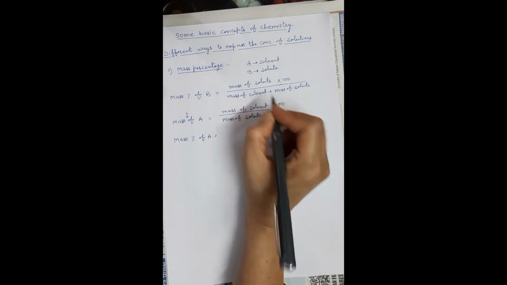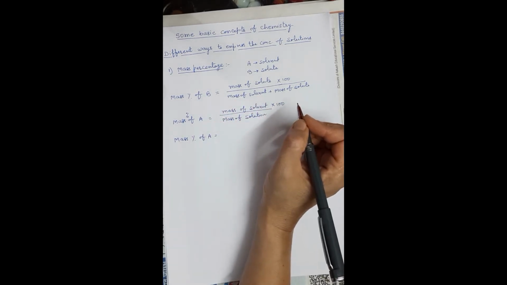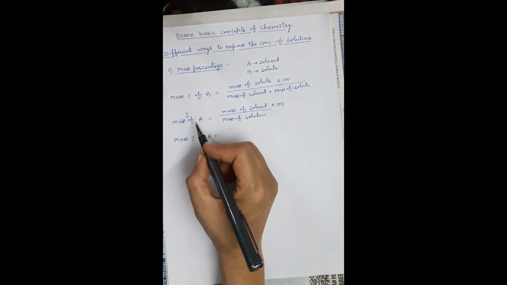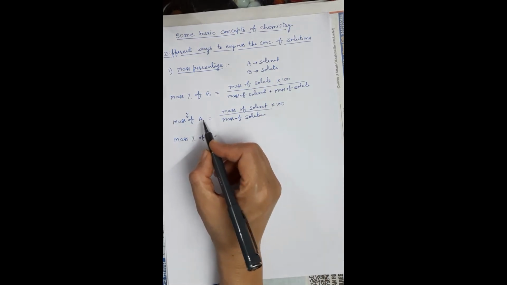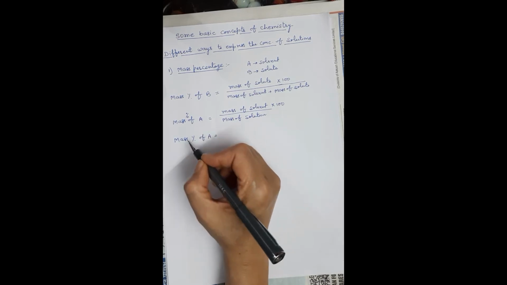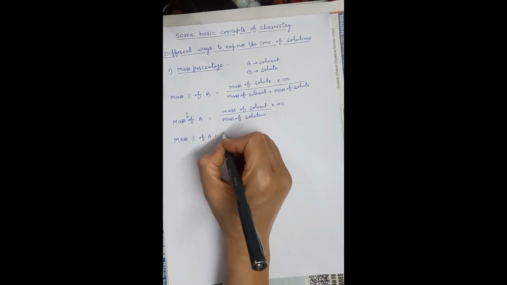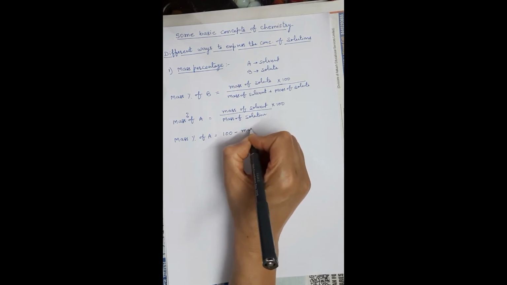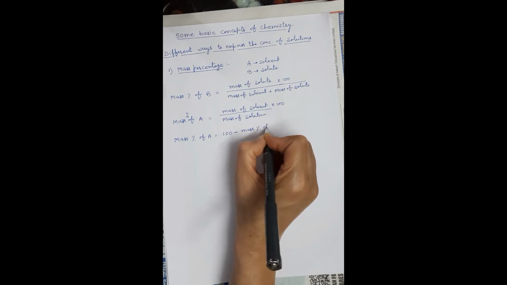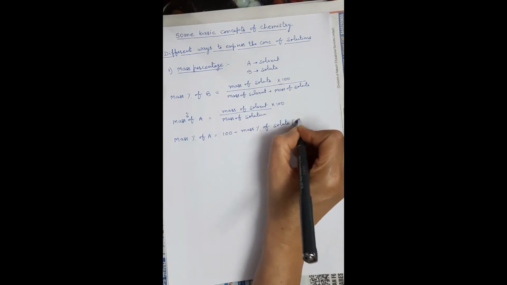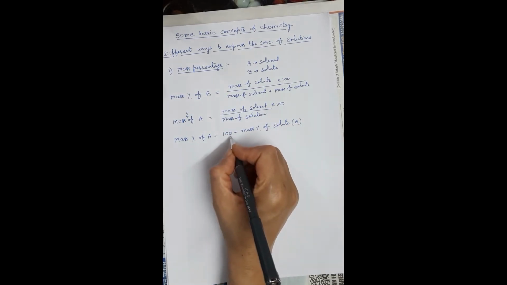There is another method which is easy one to find out mass percentage of A if you already know the mass percentage of B. How will you find out? Total solution is 100 gram, and if you subtract the mass percentage of B from 100, you will get the mass percentage of A. So mass percentage of A can also be calculated by subtracting mass percentage of solute, that is B component, from 100.